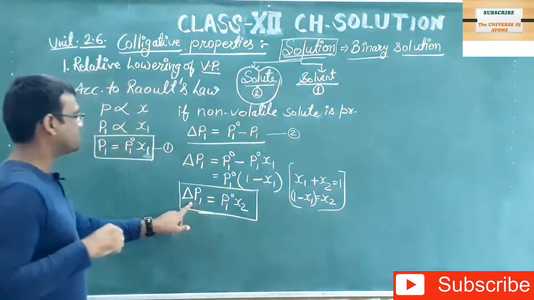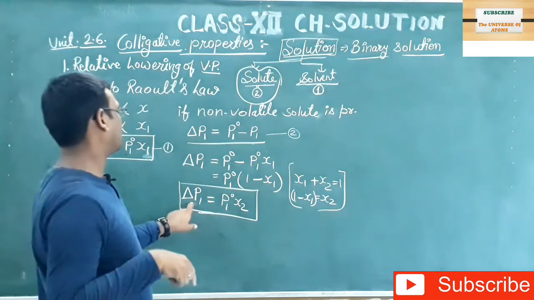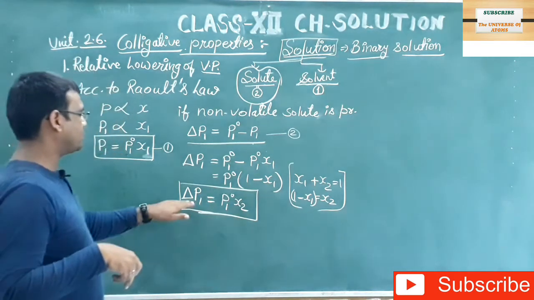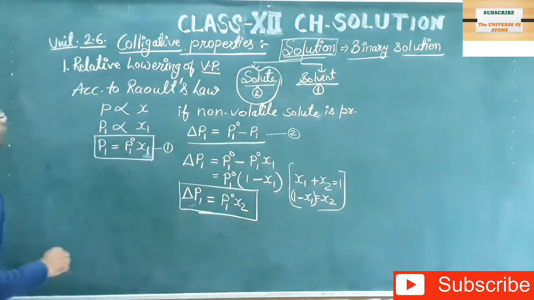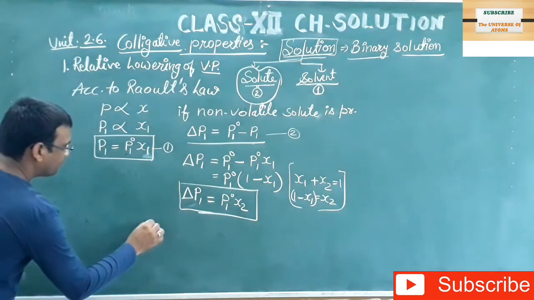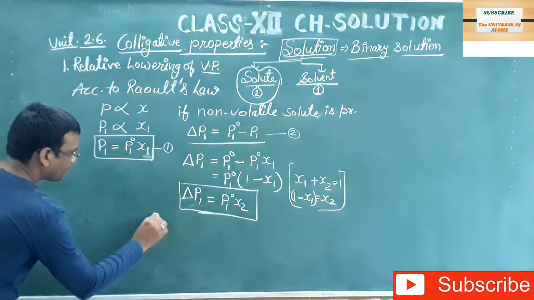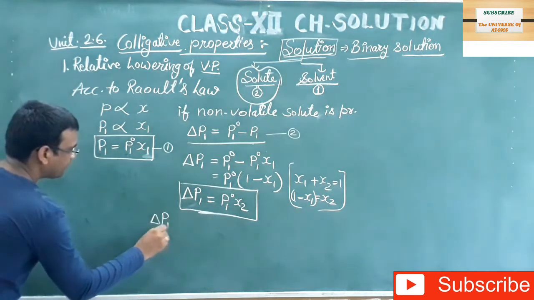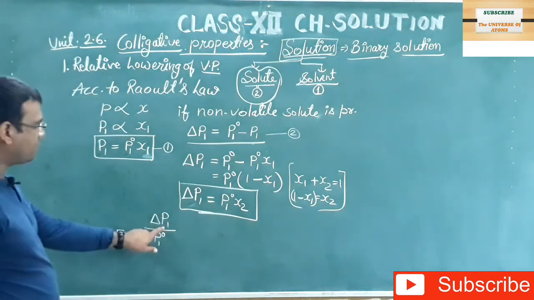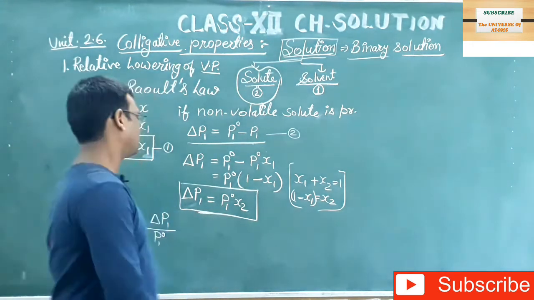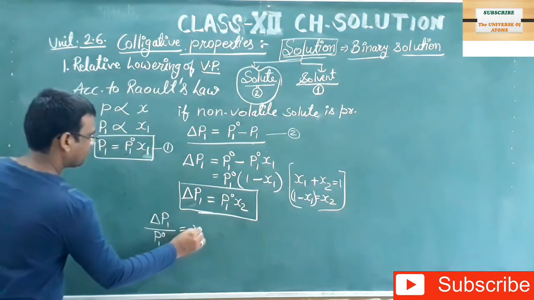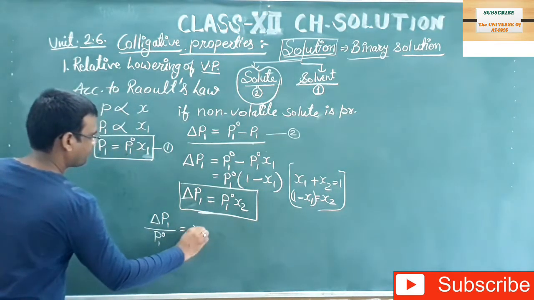Here this is the change in vapor pressure. Now if we divide this by P1 naught, that is the relative lowering of vapor pressure. So relative lowering of vapor pressure is equal to delta P1 upon P1 naught. We are dividing both sides by P1 naught, so here it is equal to x2.